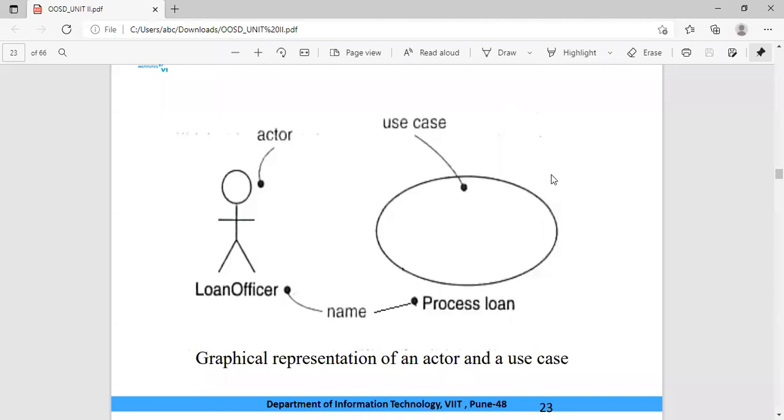So the loan officer is responsible for a particular process which is going to find out whether that particular customer gets that particular loan or not. So I'm giving the name loan officer to that particular actor, and the process which is going to be performed with this use case is represented as process loan. So here I am just representing the name for that particular actor and for that particular use case.